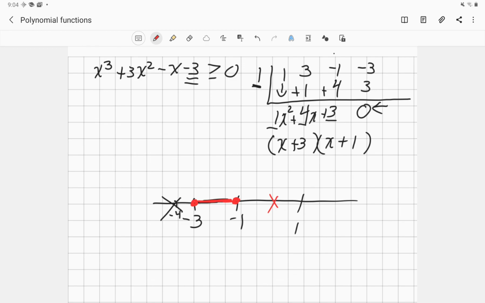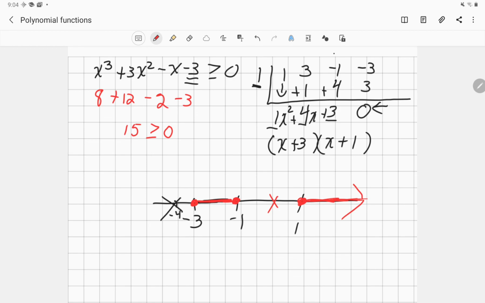So I'm going to pick 2. 2 cubed is 8. 2 squared is 4, times 3 is 12, minus 2, minus 3. So 8 plus 12 is 20. Take away 2 is 18. Take away 3 is 15, is greater than or equal to 0, which, hey, yes, it is. So it can go on to infinity because this section doesn't really have an end to it. So I just put an arrow saying it can go forever and close the dot here.